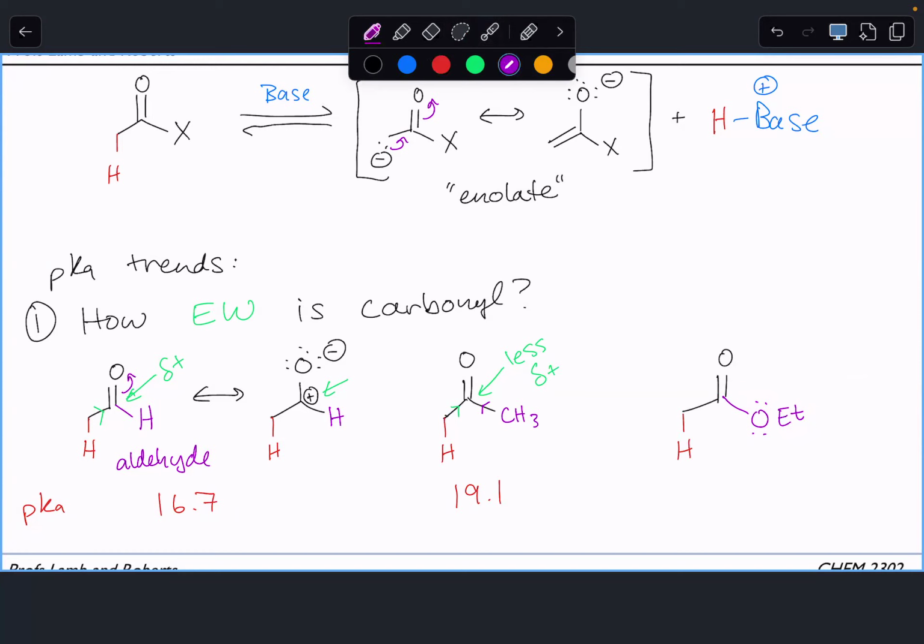That oxygen on the ester right here can actually fully resonantly donate towards that central carbon. So that means that this carbon is much less delta positive. So again, it still is electron withdrawing, just not as much. Therefore, the pKa should go up again, and it does. This is 25.6.